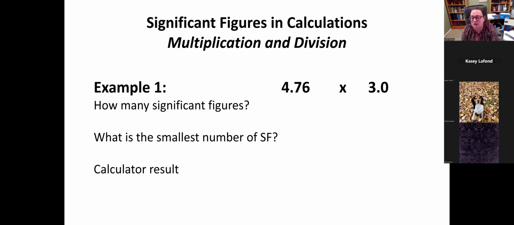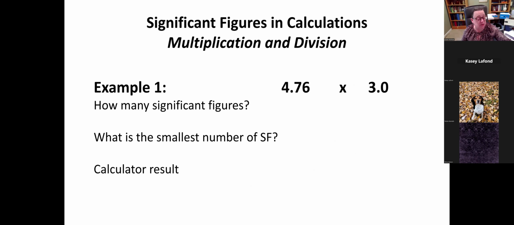So we have to ask ourselves, what are these questions when we're going to report our answers? So if we're multiplying and dividing, we know that our answer is going to be limited by the number of significant figures in our measurements that we're using.